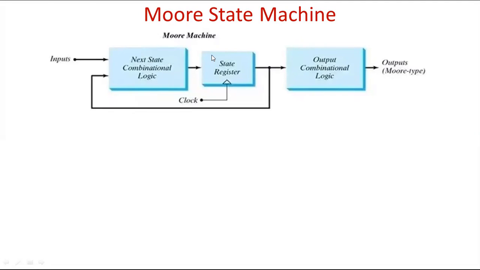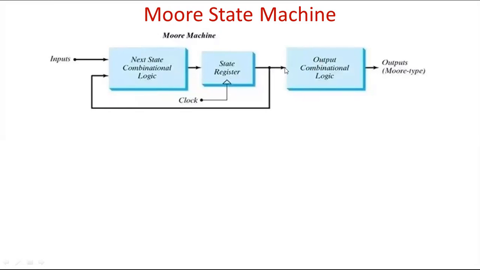And one more interesting thing we see here is one more combinational logic, depending on which the output is generated. Here you can clearly see that the output is a function based only on the present state.